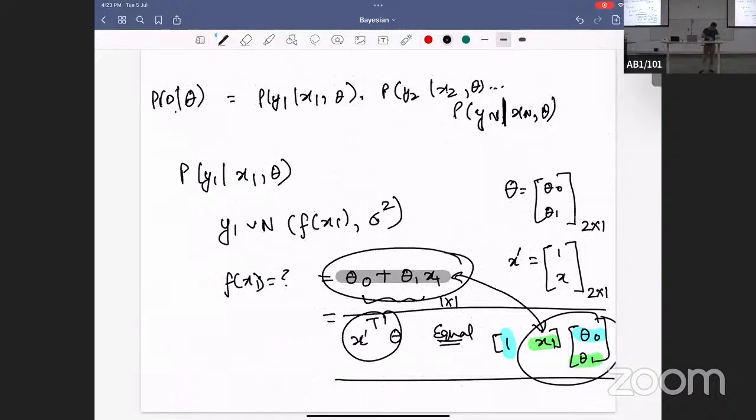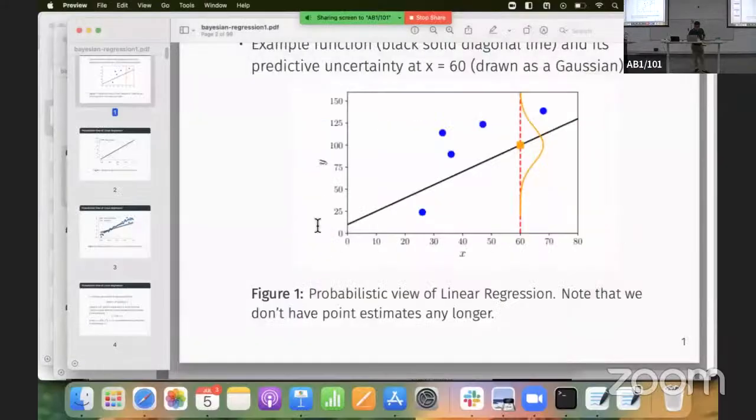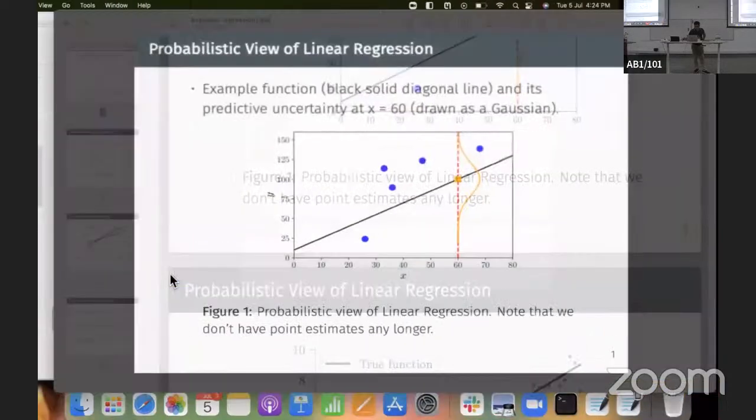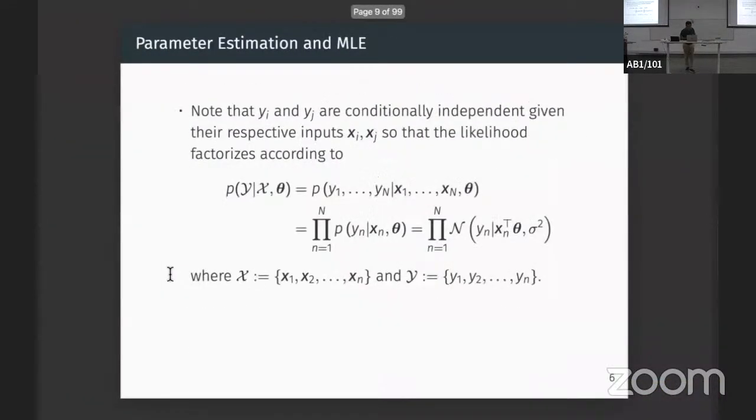So I can now just go over these slides a little quicker. Right, so we have written till this point that the probability of data given theta is the same as the product of these n terms, where we have the normal PDF with yn given this function f of x, where f of x is xn transpose theta.